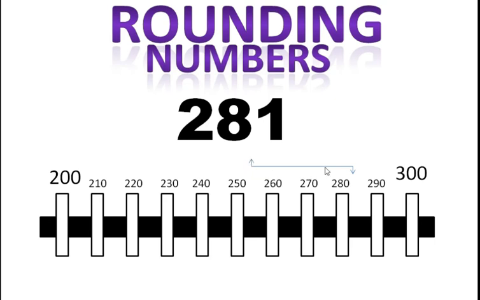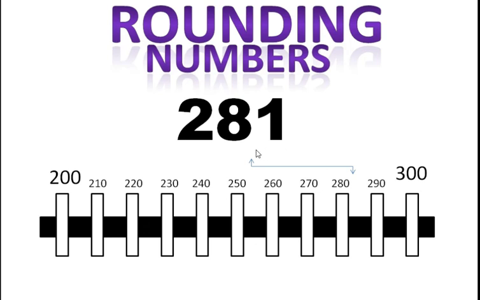Okay, looks like this is falling right next to the 280. Now let's see how many bars it takes to get to the 200. We got 1, 2, 3, 4, 5, 6, 7, 8, 9 to get to the 200 bar.